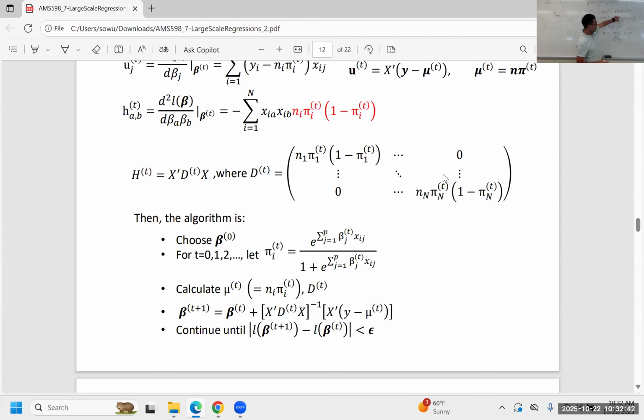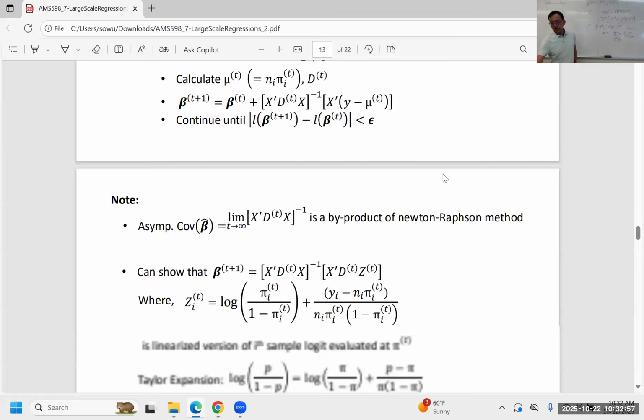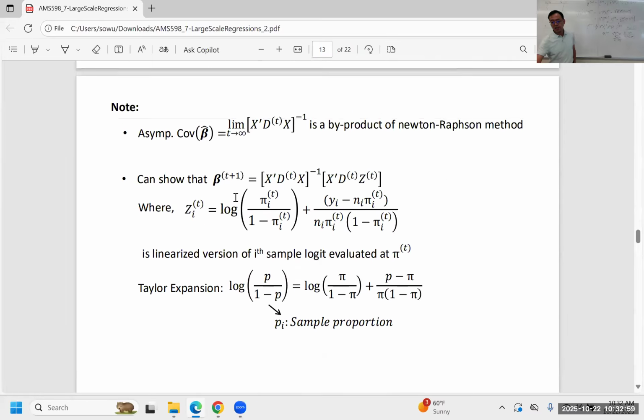The ith diagonal element is pi i t times 1 minus pi i t. So this is where zit comes from.